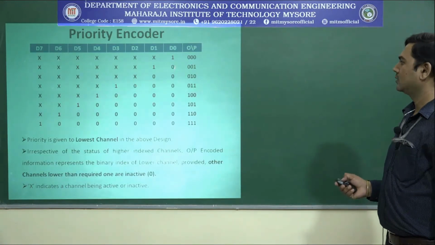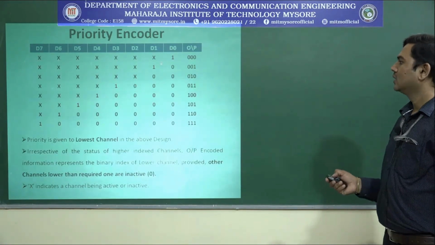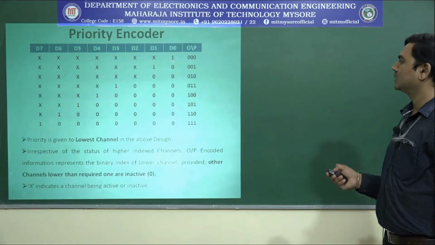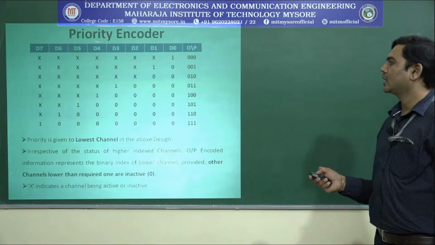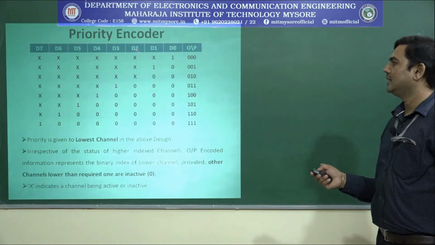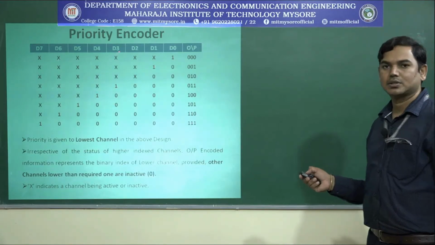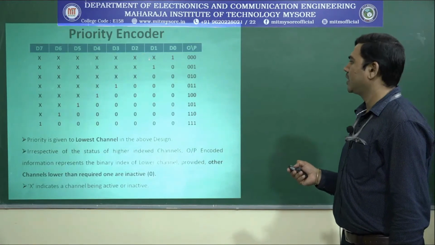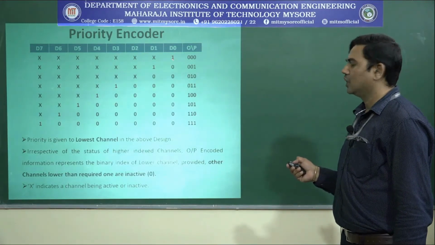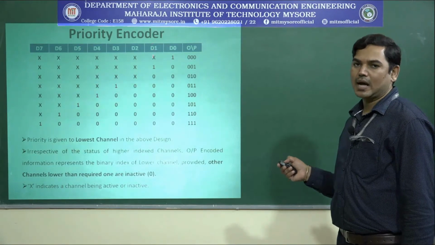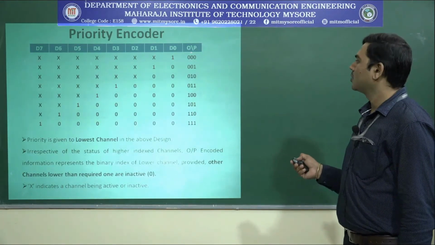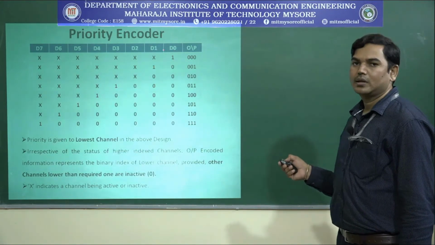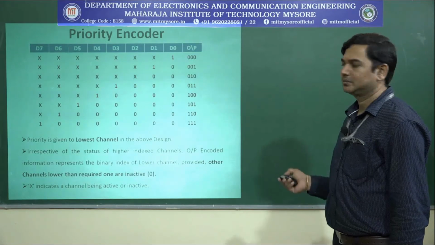What is this saying? There are don't cares from D7 to D1 and there is a 1 here, which means irrespective of all these higher channels D7, D6, D5, D4, D3, D2, D1, if the lowest channel D0 is high, then the output will simply be the binary index of D0, that is 0, 0, 0.